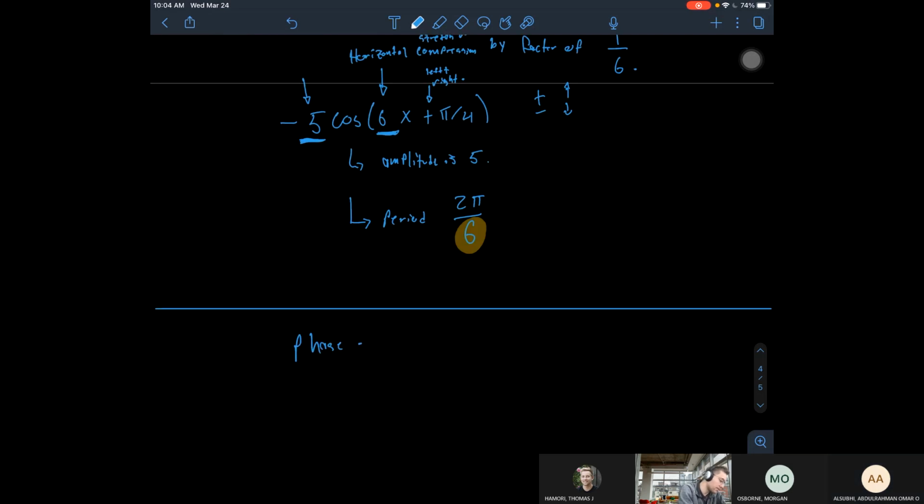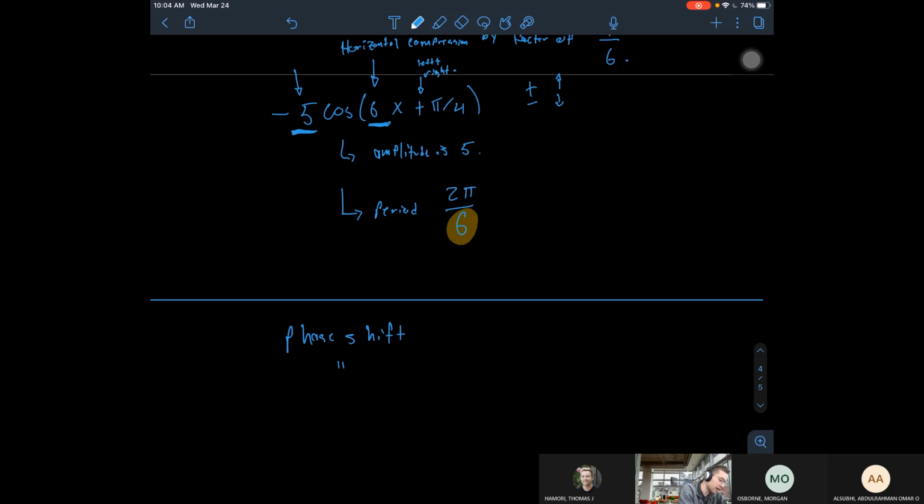Phase shift means the exact same thing as horizontal shift. It's just a different word. We use the word phase when we're talking about horizontal shifts of waves. It's just a special word.